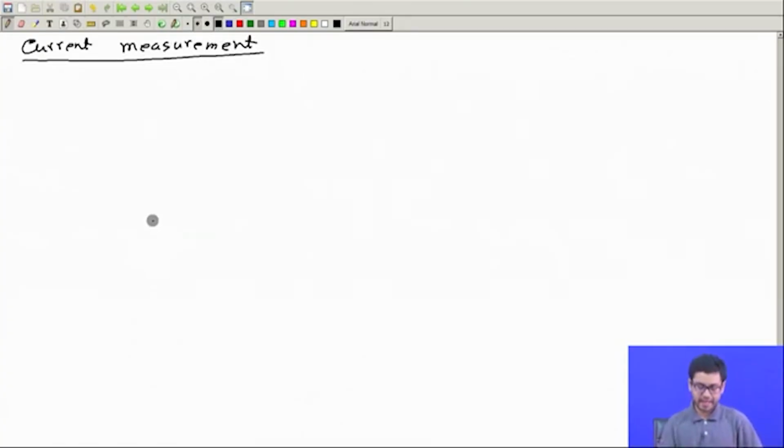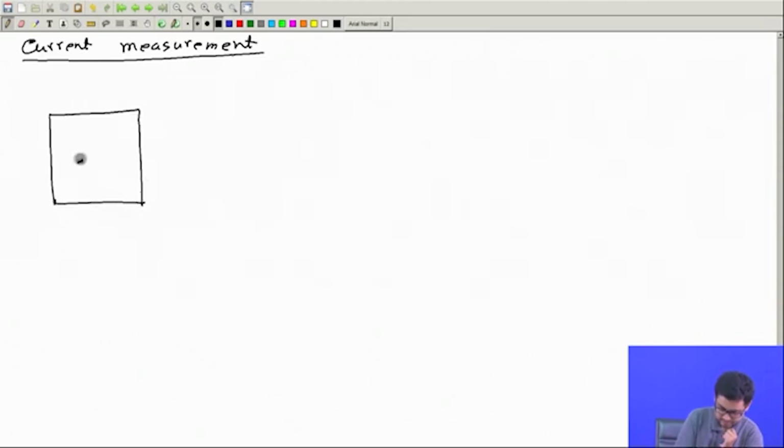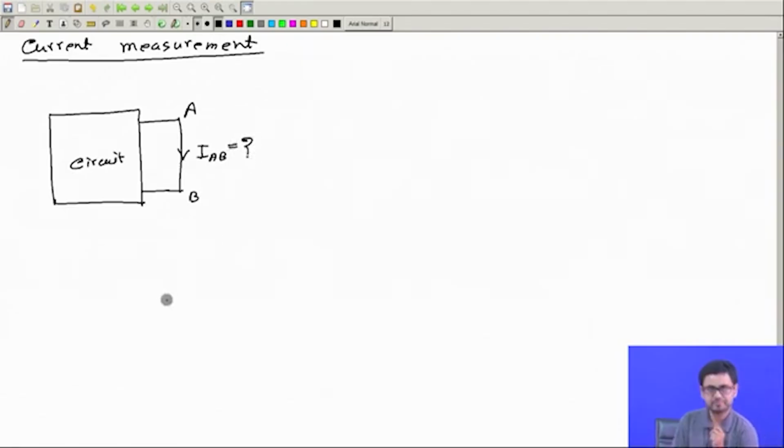Suppose I have a network, a complicated circuit, and one of its branches is AB, through which the current IAB is flowing. I want to know how much is IAB. I want to measure this current.